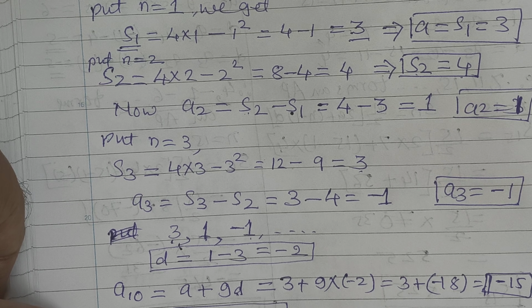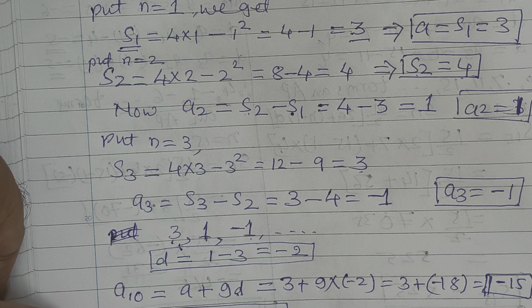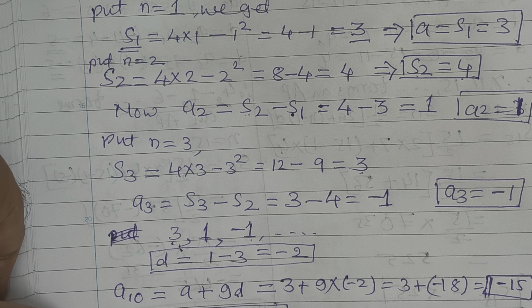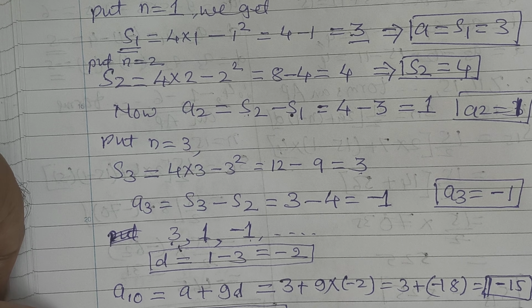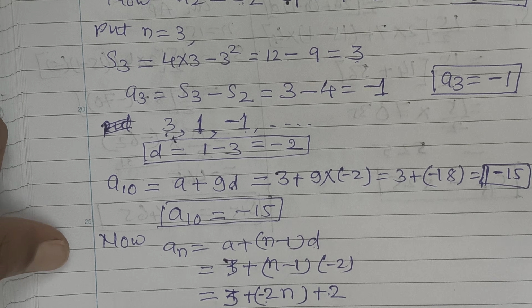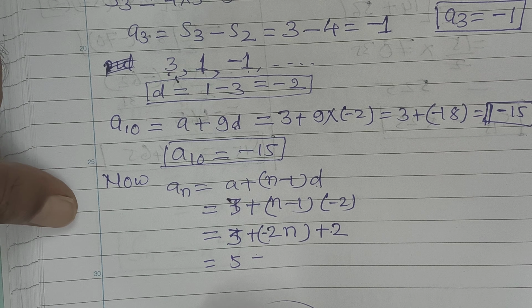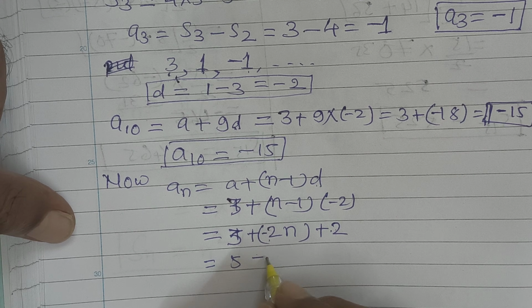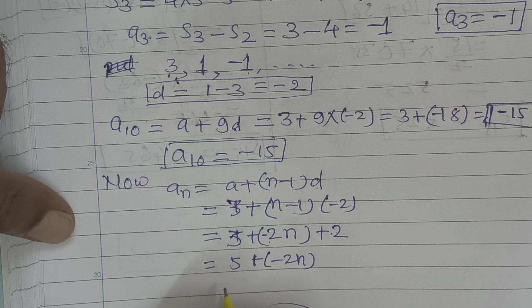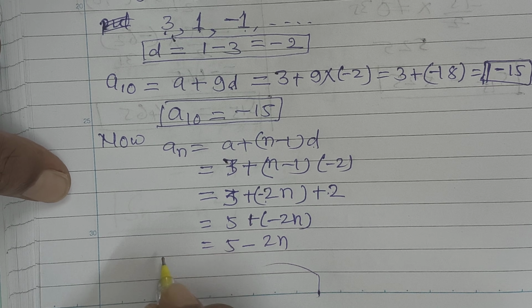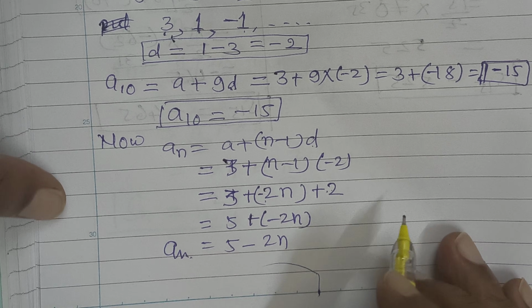So 3 plus 2 is 5, plus minus 2n, that is 5 minus 2n. This is the nth term.